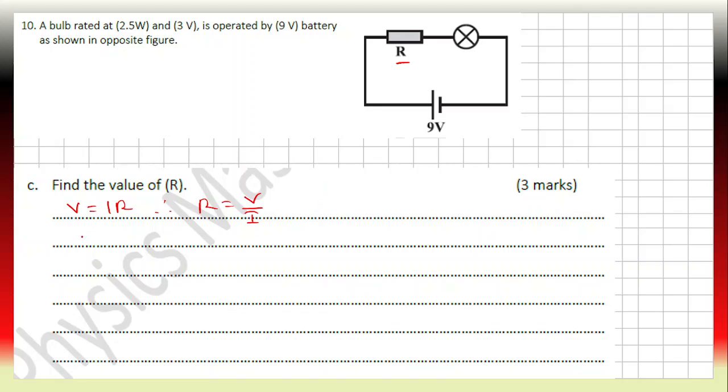So current I is there. I is equal to, it was coming to 0.83 amperes. Do we have the voltage? No, we don't have the voltage. How do we get the voltage? Here we use Kirchhoff's second law.